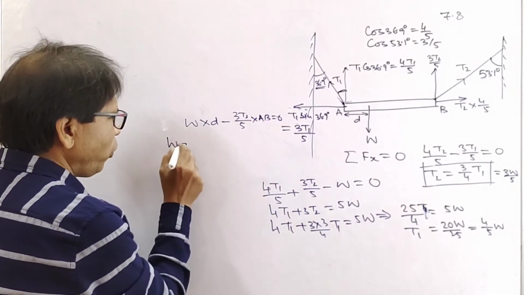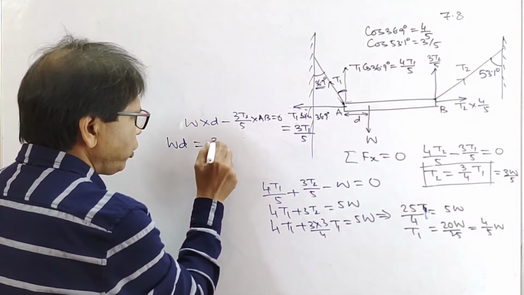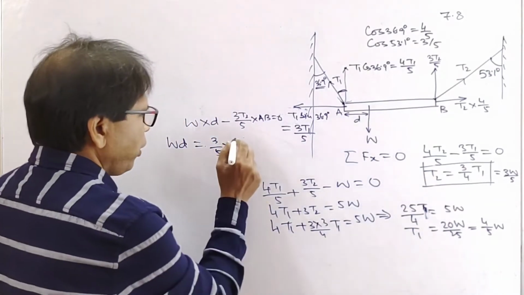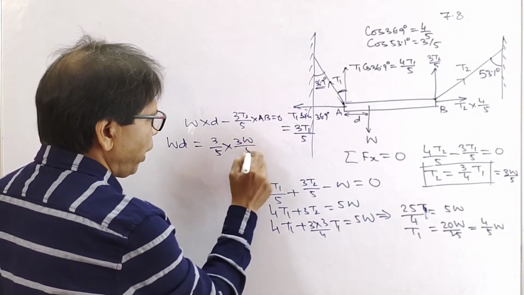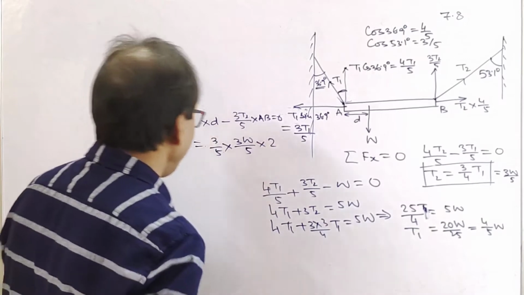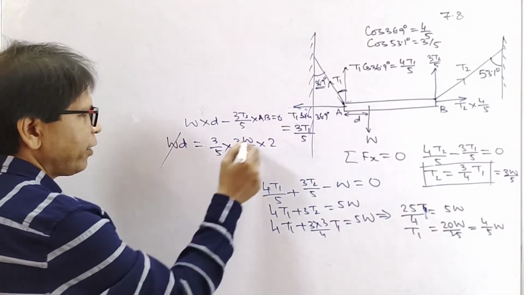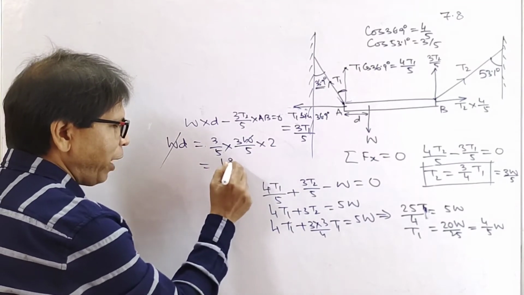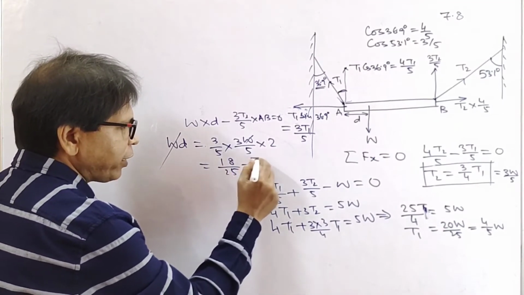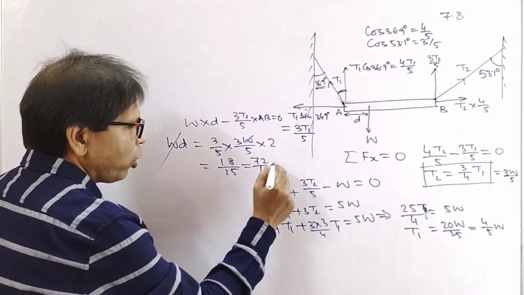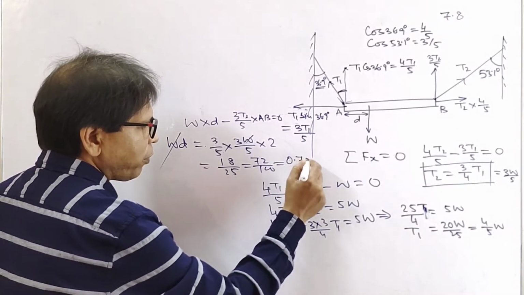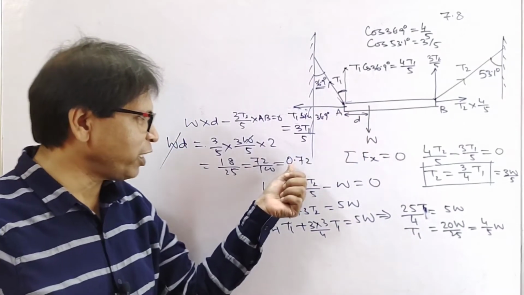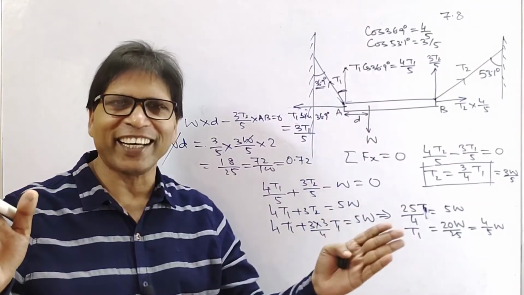So WD is equal to 3 into T2 by 5, where T2 equals 3W by 5 and AB equals 2. Okay, now W cancels out. So this is 18 by 25, so this is 72 by 100. So this is 0.72. So the distance of the center of gravity from A is 0.72 meter.